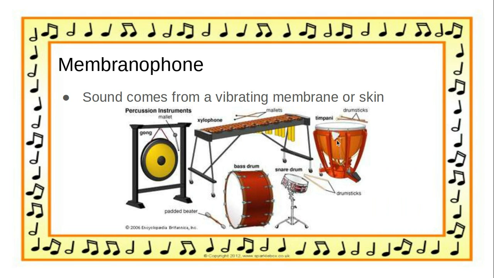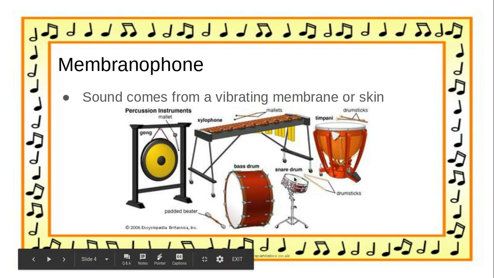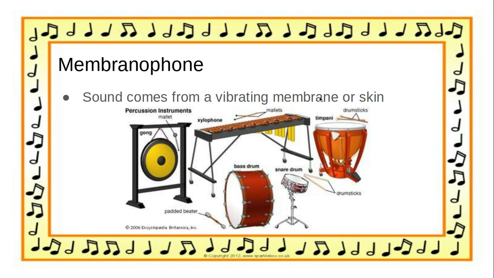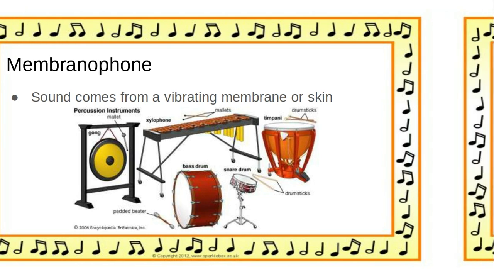Okay, so drumsticks, bass drums, snares. These kinds of things have a head on them. You see the head on them? And if you whack them with the drumsticks, it vibrates. We're going to see that here in a little bit. They're really fun. Okay? It vibrates. And that vibrating membrane is a membranophone.